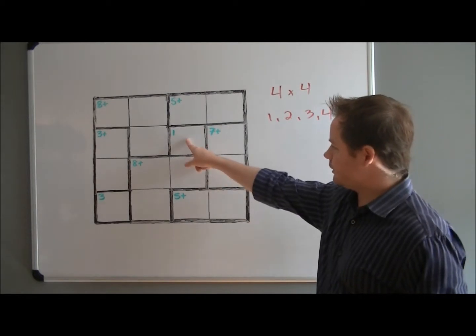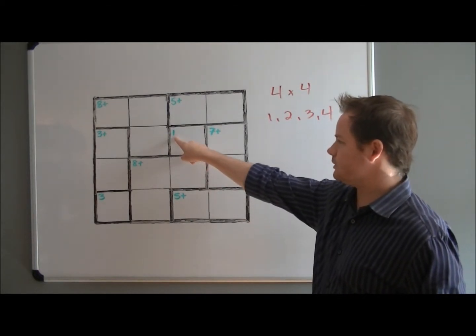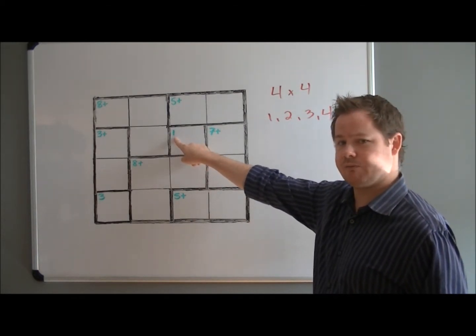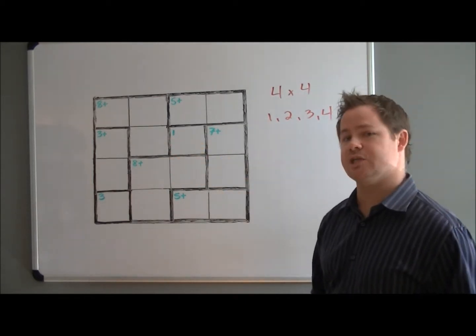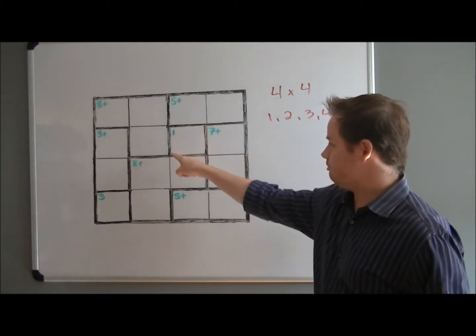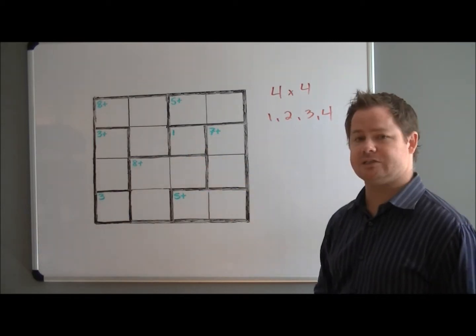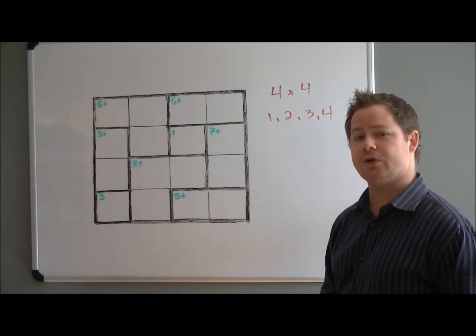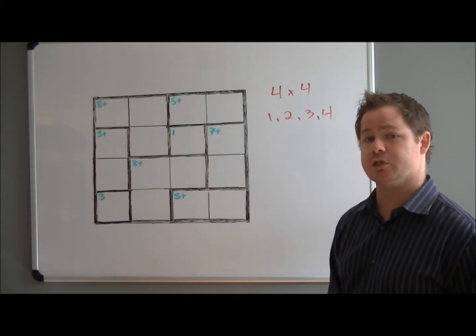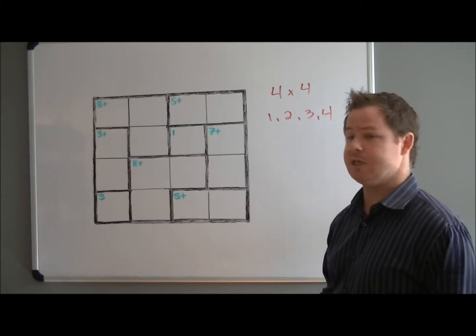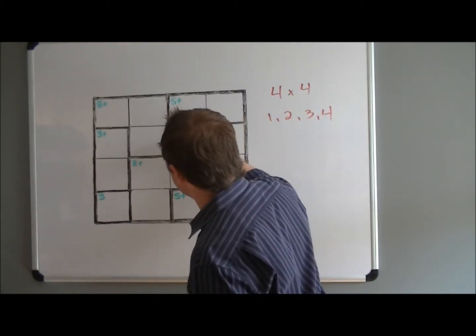So if we take a look at this box here, for example, this box has a 1 in the upper left corner, and it doesn't have any math operation next to it. And we see that this bolded box stands by itself. So the 1 in the corner actually lets us know those are the ones we're going to start with. That's a give me. It's automatically going to be a 1.